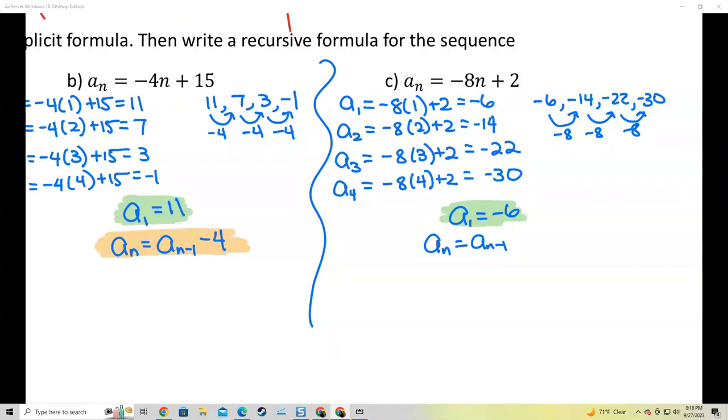And in this case, we said subtracting 8 or adding negative 8. I'm going to write adding negative 8. Honestly, it doesn't matter. But I just want you to see it both ways. You could have absolutely written a sub n equals a sub n minus 1 minus 8 on the side.